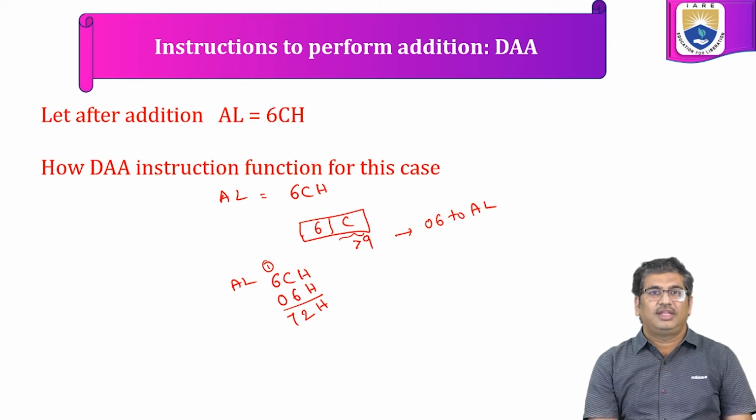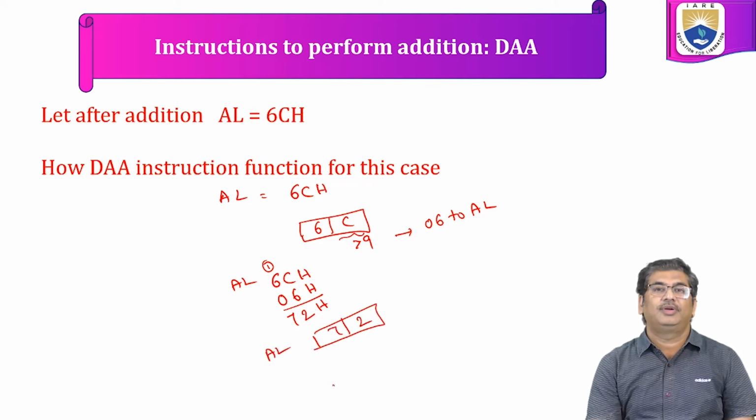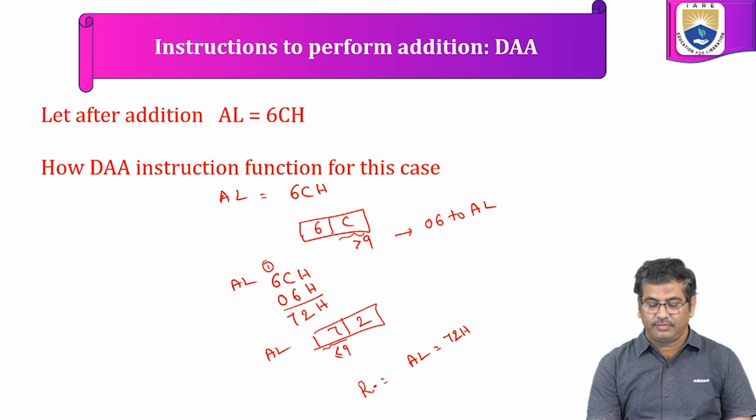This is the result after the first step. In the second step, we take the AL register for checking the upper nibble. In this particular example, the upper nibble is less than or equivalent to 9. That is, it is a valid BCD number. Don't alter this content. So the result is the AL register equivalent to 72H.